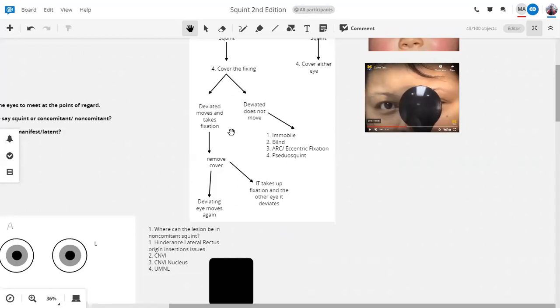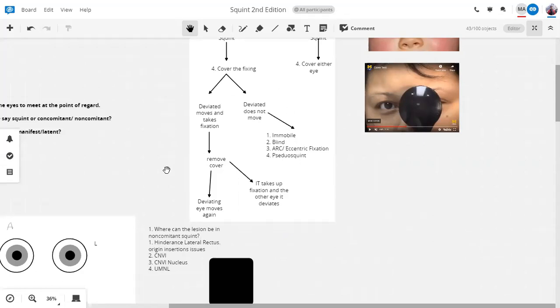However, if it does not move to take a fixation, it tells us either the eye is immobile, we have to check again locally, the eye is blind, light perception is 0, visual acuity is 0. Third is eccentric fixation has occurred, or there is abnormal retinal correspondence. The fourth is that there's a pseudosquint.